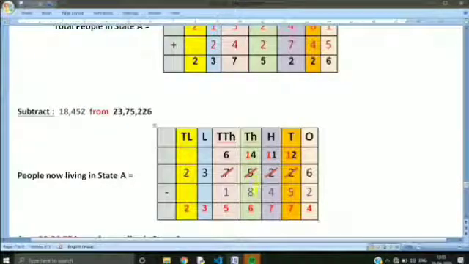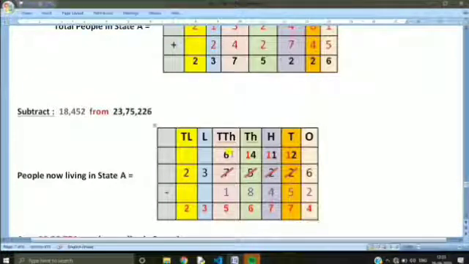From 4 we have to subtract 8, not possible. Again 4 will go to the 10,000 column and ask 7 to lend 1. After lending 1 to 4, now 4 becomes 14 and 7 becomes 6. From 14 subtract 8. Now the answer will be 6.